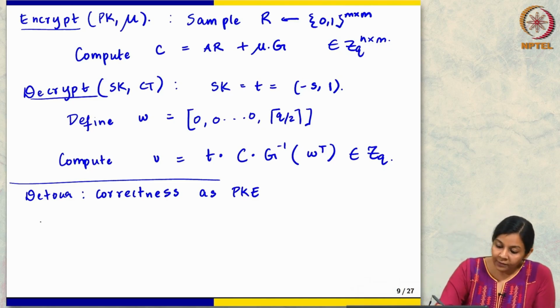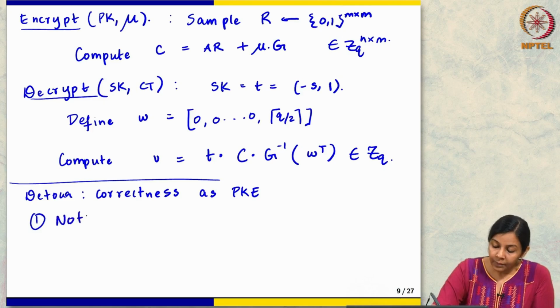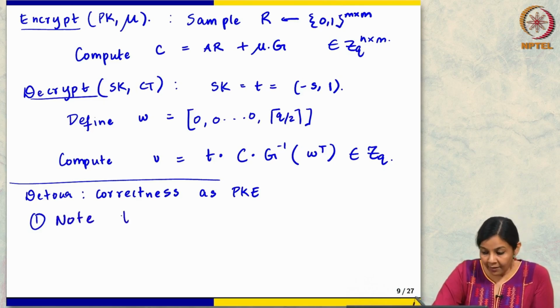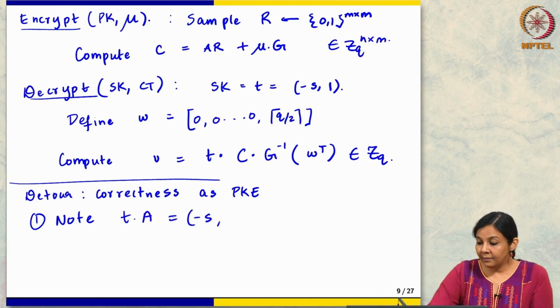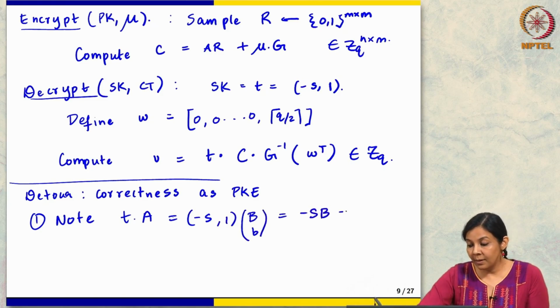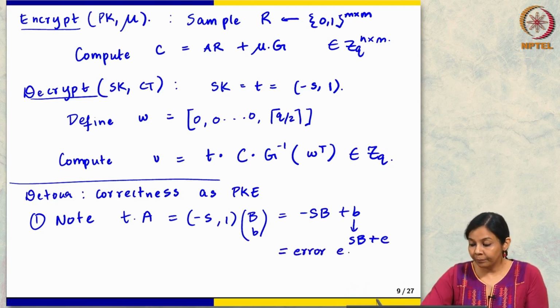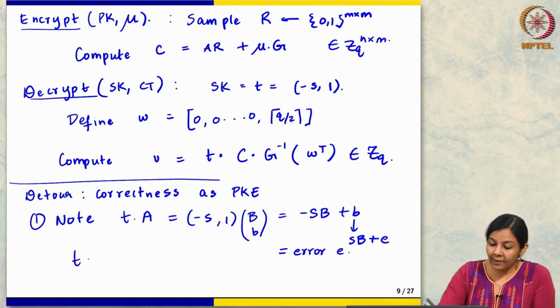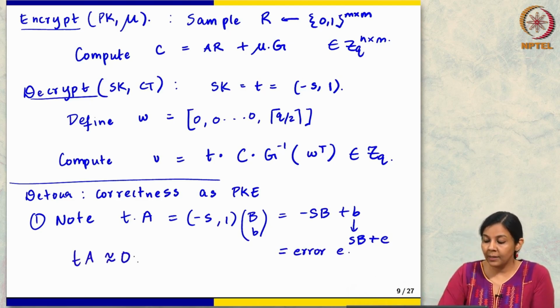Okay. So, first thing to note is the way we defined T and the way we defined A. T is (-s, 1) and A is what it is, B. So, this is -S times B plus B, and B is S times B plus E. So, T times A is just error E. So, we can say that T times A is approximately 0.